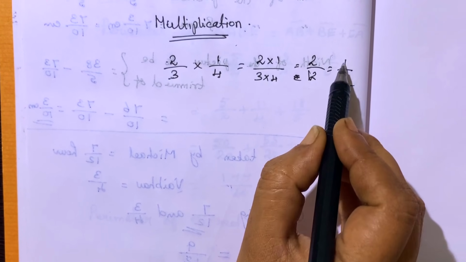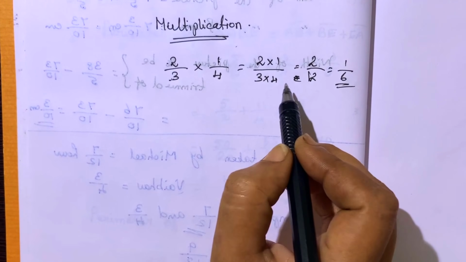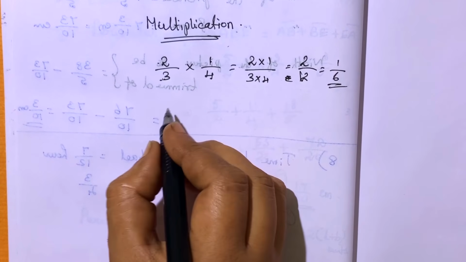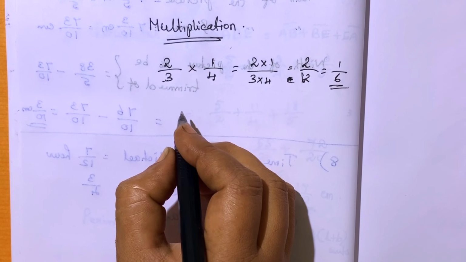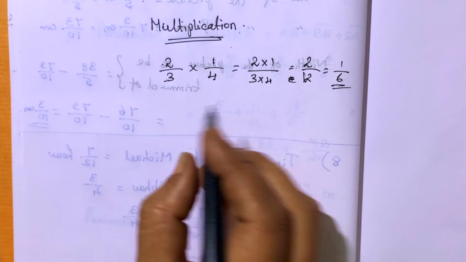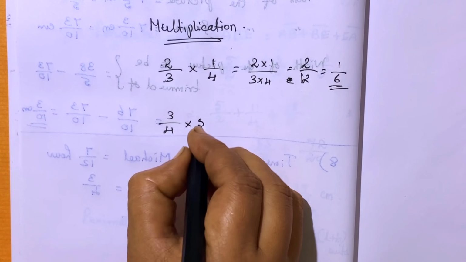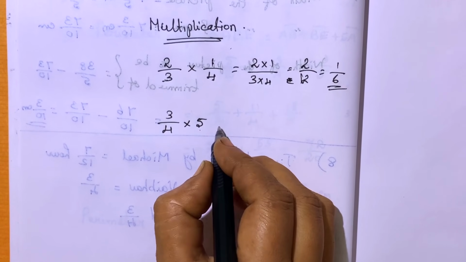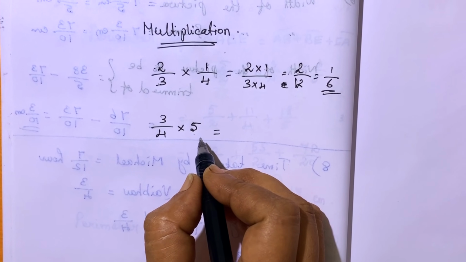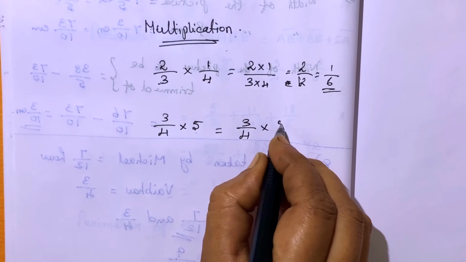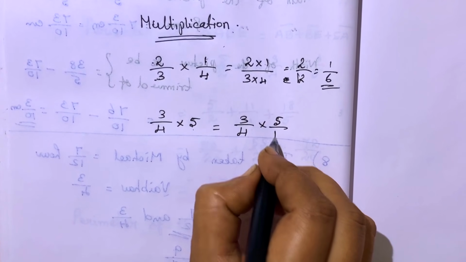So when you cancel, you will get 1 by 6. The same thing for the fraction if they have given a whole number also: multiplication of a fraction by a whole number. I will take 3 by 4 into 5. 5 is a whole number. A whole number you can always write in fractional form. So 3 by 4 into 5, you can write 5 as 5 by 1.